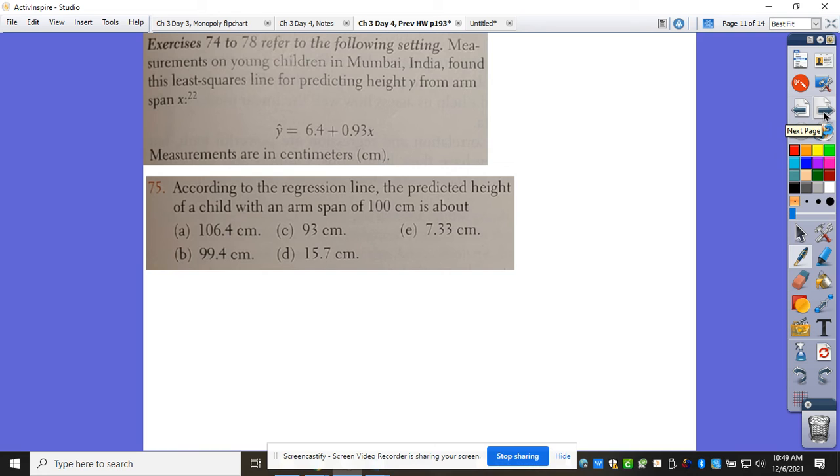According to the regression line, the predicted height, which means what? Plug it in. So 100 times 0.93 is 93. 93 plus 6.4 gives me what? 99. So you're just plugging it in there.